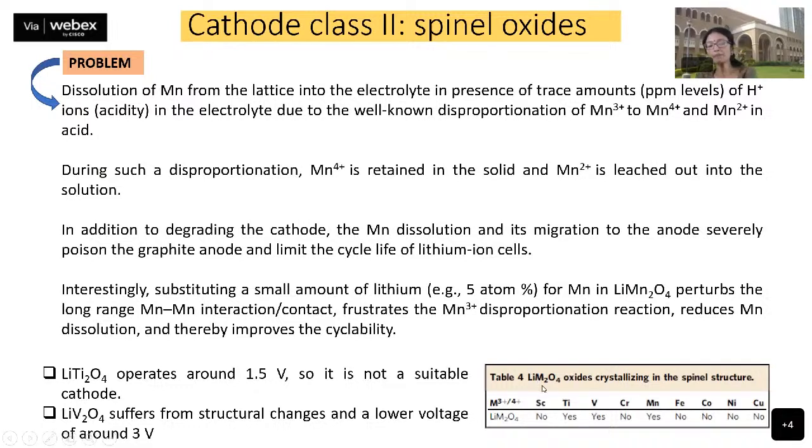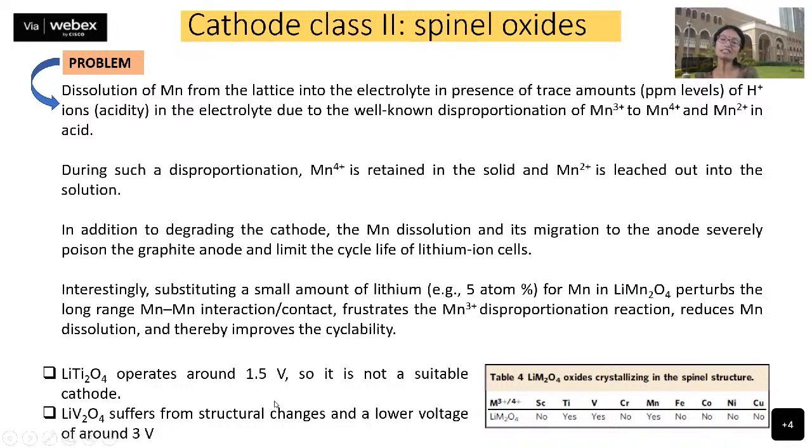So again, for LiMn2O4, wherever the spinel is possible for these different transition metals, scandium, titanium, vanadium, chromium, manganese, iron, you will find out whether these oxides can also be used as cathode material.